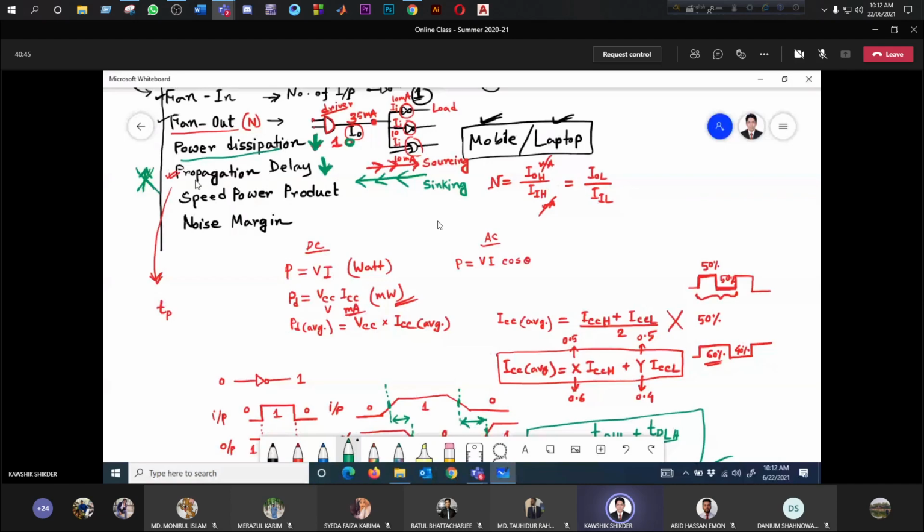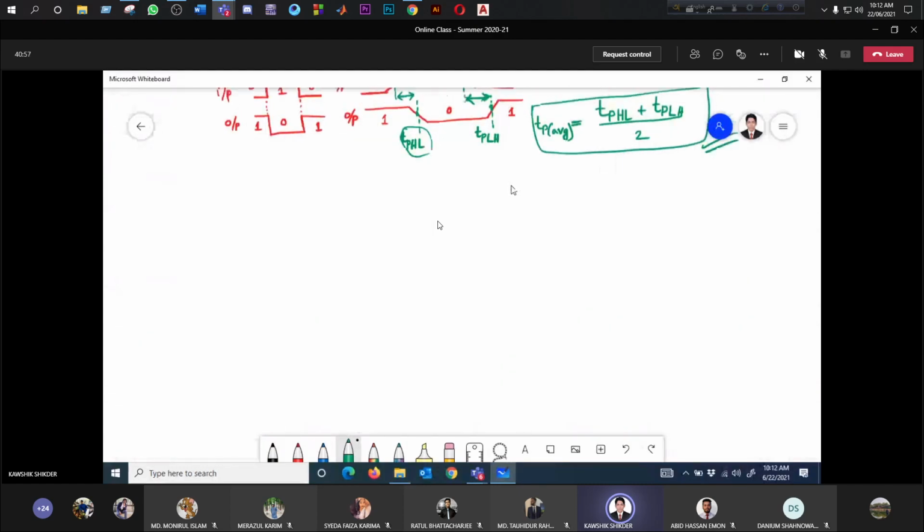Now what is speed power product? Can you guess from its name? From the previous study, the last two were power dissipation and propagation delay. So here, which one is the speed, the power dissipation or the propagation delay? Propagation delay is related to speed, right?